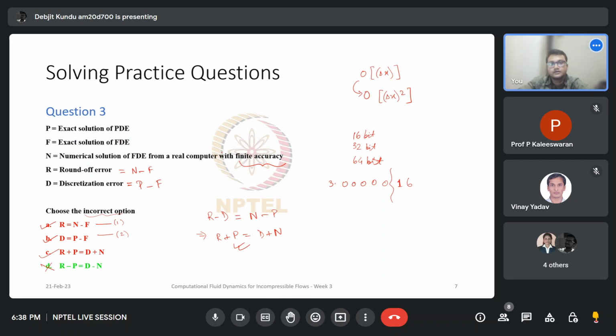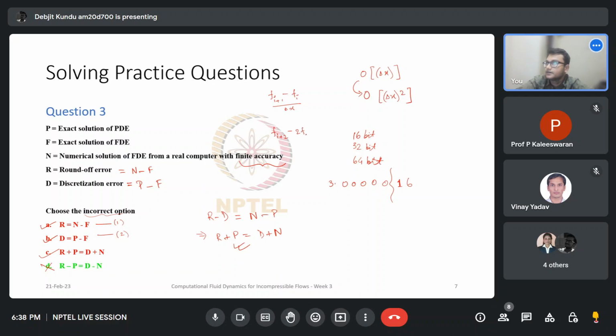We saw this, right? Let's say we are using a forward difference scheme, and the first order one would look something like this, and if we go to a second order one, then it would look something like this.